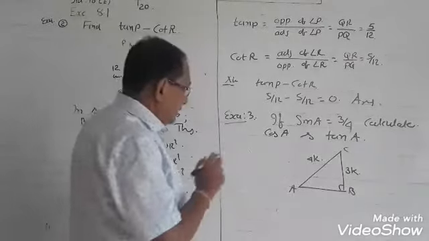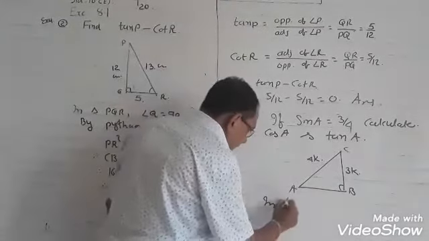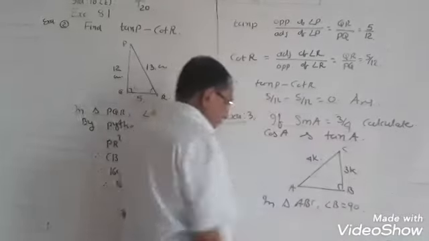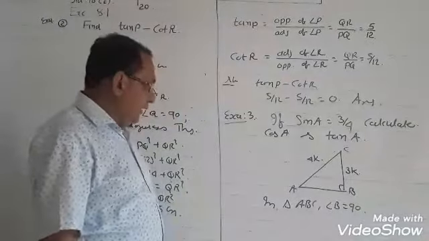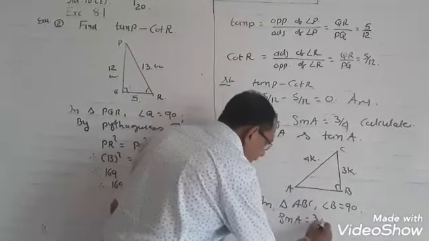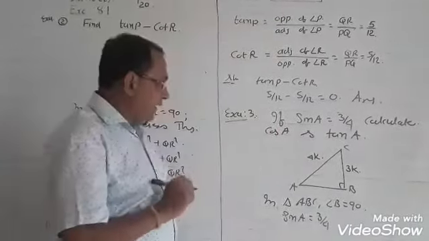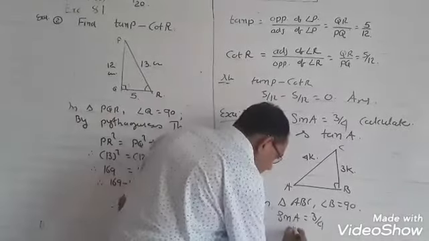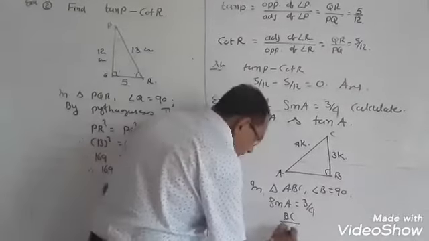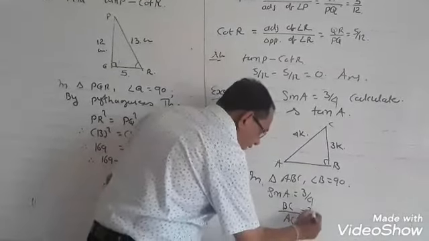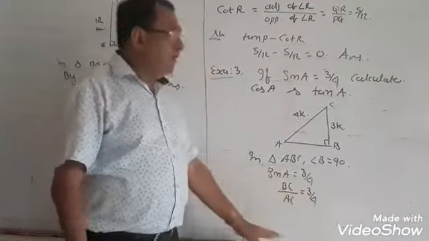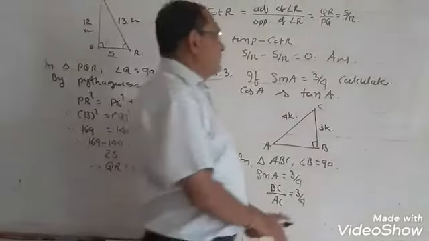Now in triangle ABC, angle B is 90. Sine of A is equal to opposite side BC upon hypotenuse AC, which is equal to 3 upon 4. That means it is 3K and 4K, where K is a non-zero constant.